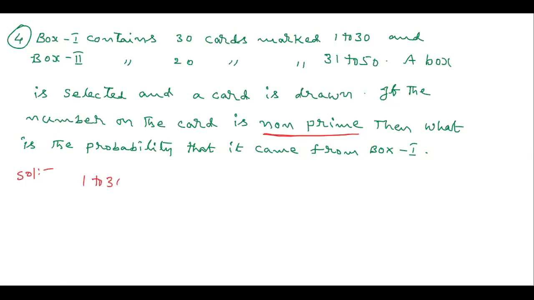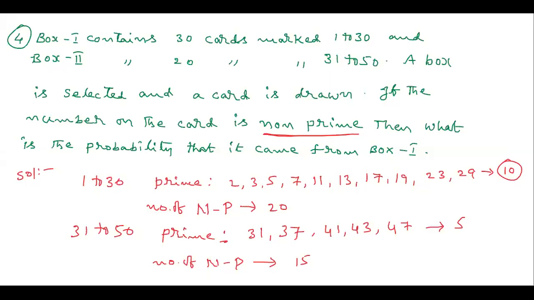From 1 to 30, how many prime numbers are there? See here, prime numbers from 1 to 30: 2, 3, 5, 7, 11, 13, 17, 19, 23, 29.